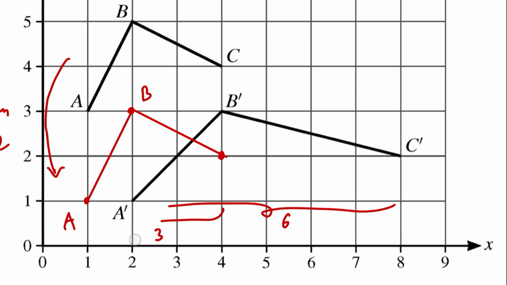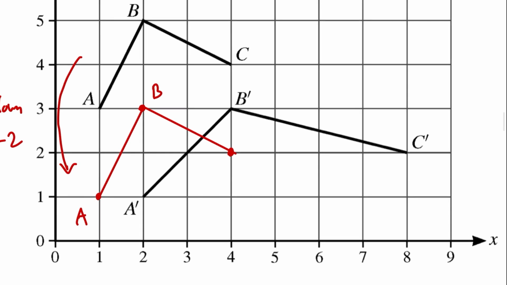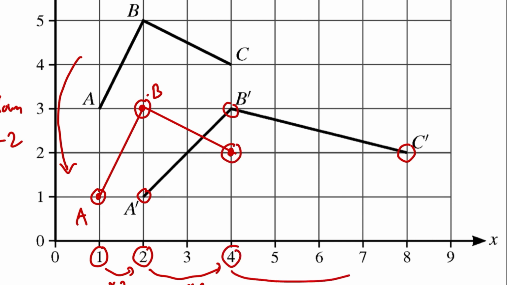So let's say this is my point here. The x is 1 and it becomes 2. So we multiply my x value by 2. My B from 2 to 4, we multiply by 2 as well. The C from 4 to 8, that means we multiply by 2 as well.